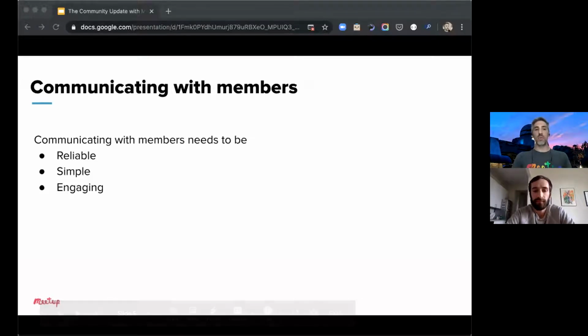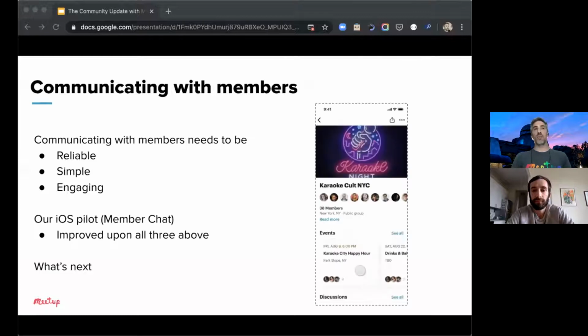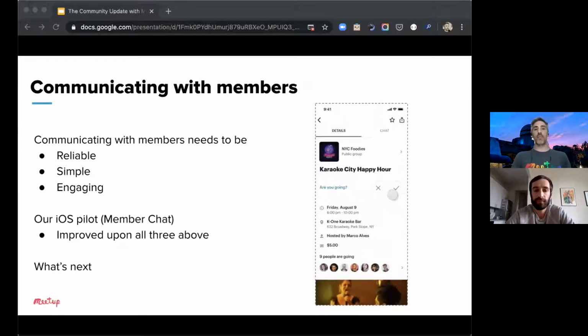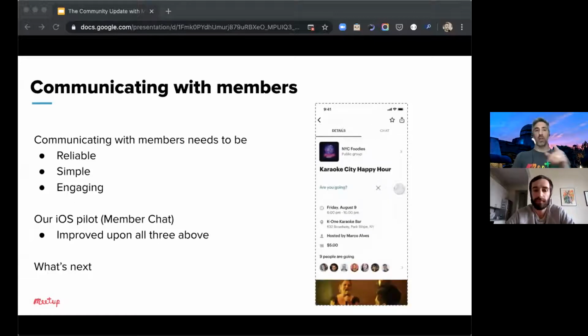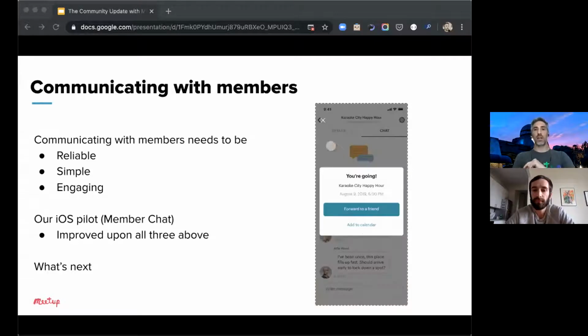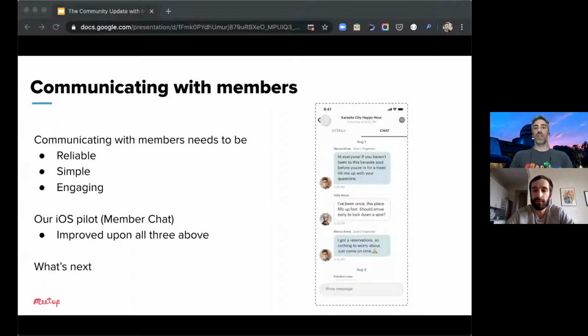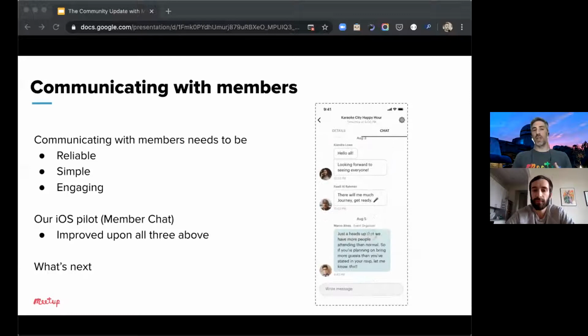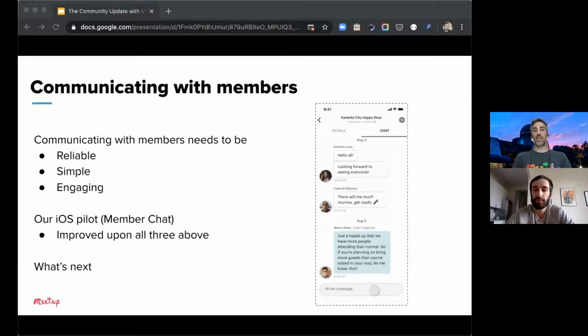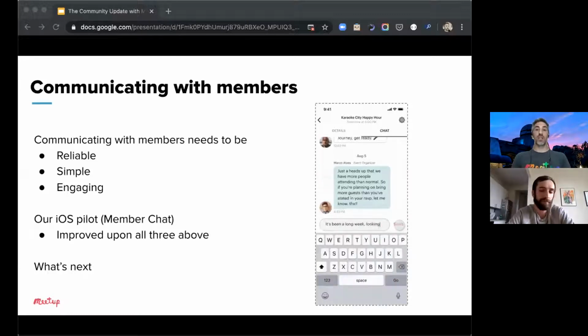So we did what we typically do. We built something. We built a pilot. It was iOS only, and we called it Member Chat. You're looking at a little animation of it on the right. We were able to offer features that matched or exceeded what you're probably already using on Meetup, but certainly even elsewhere. We had a really clean interface. Messages from organizers looked distinct, so they cut through the noise.